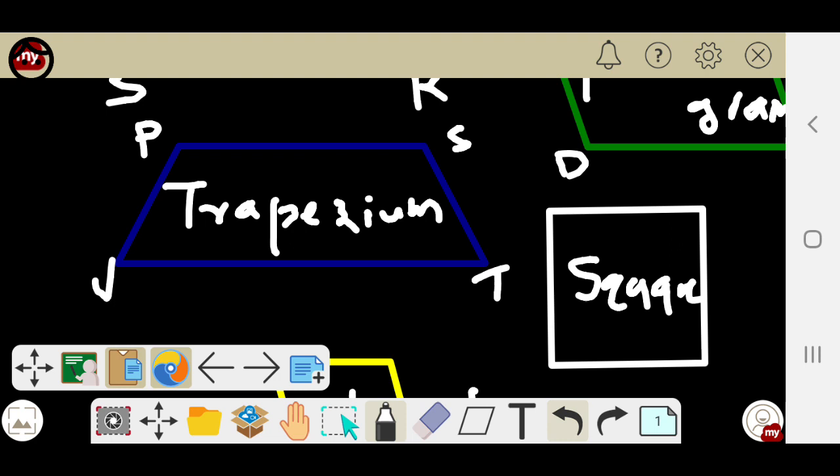Trapezium has one pair of parallel sides. PS parallel to VT, but PV not parallel to ST. Trapezium is a quadrilateral having one pair of parallel sides. Okay, next square.